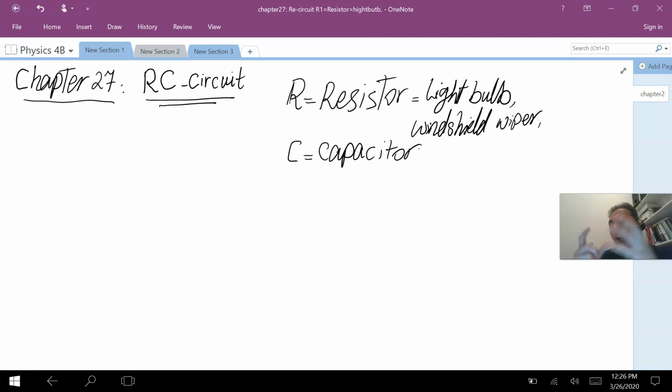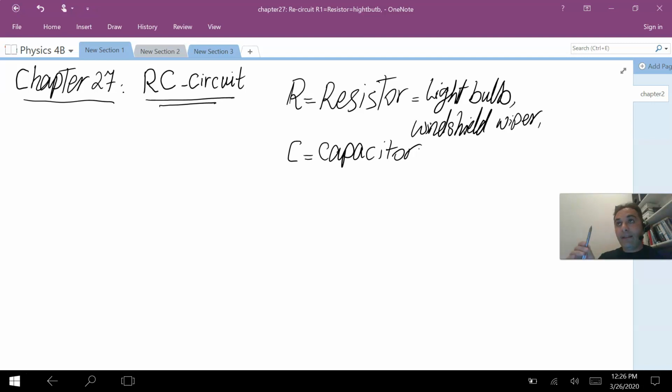So you control everything by elapsing time. This is RC circuit. That's why it's RC circuit. Usually it's called heart of time-keeping circuits.